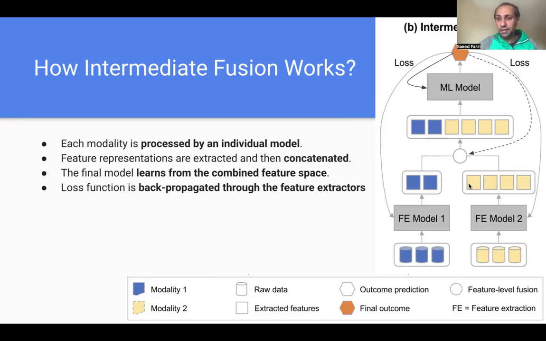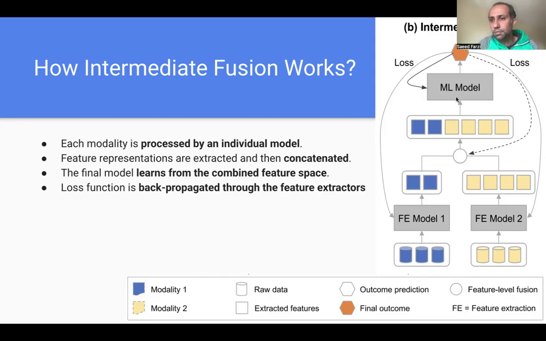After producing the embedding vectors, we need to combine them. We need to aggregate the two feature vectors with an aggregation function. Concatenation is the simplest one, or average, or maybe you can use an attention layer here in order to aggregate two real-valued vectors and produce one unified real-valued vector.